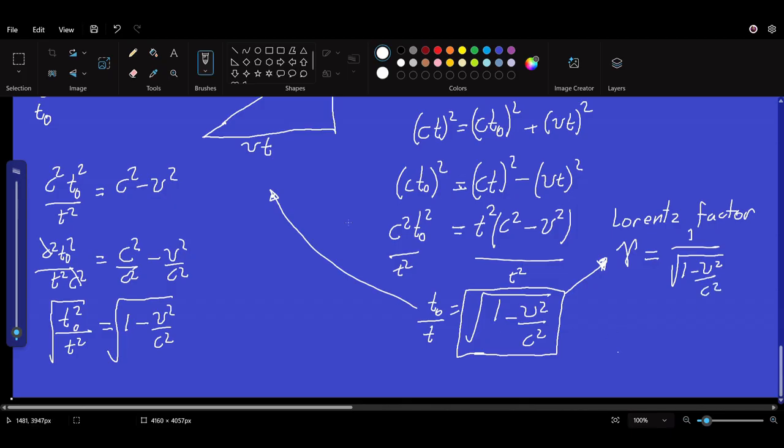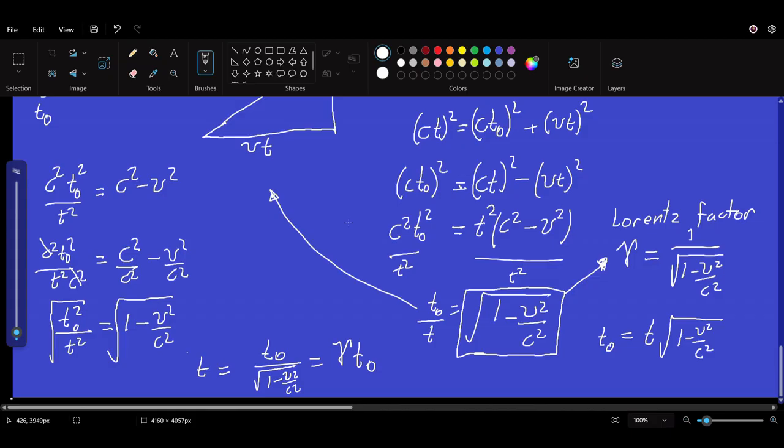It's important because it can relate the time, the dilated time. So the dilated time in this case will be given by, here we can multiply both sides by t and bring t here, which will give us t naught is equal to t times this value, the inverse of the Lorentz factor, and therefore the dilated time will be equal to t naught divided by the Lorentz factor, or since gamma is 1 over this, it will be equal to gamma times t naught.